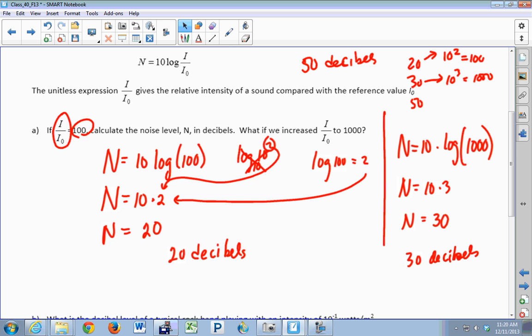What do we think 50 would correspond to? 10 to the fifth, right? So if you're just looking at the tens digit, that's 100,000 times. This faintest sound, probably my ears wouldn't hear it. But in average conversation, 50 decibels is 100,000 times more intense than the faintest sound detectable by the ear.